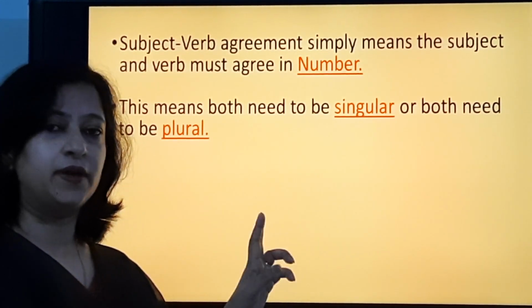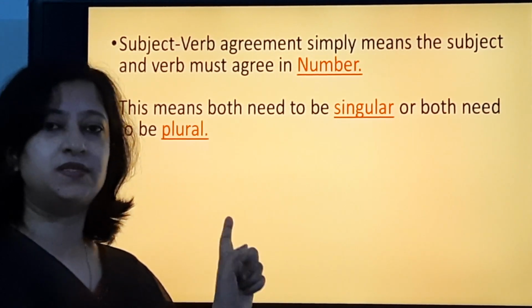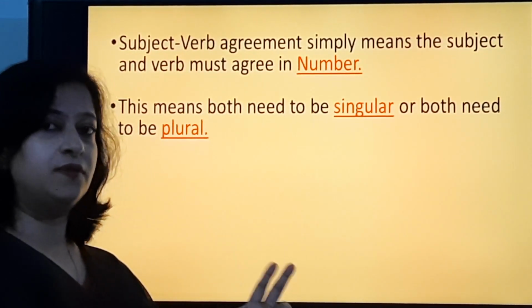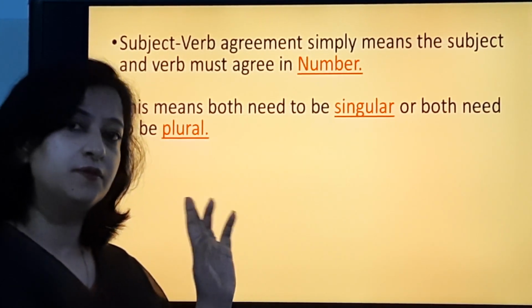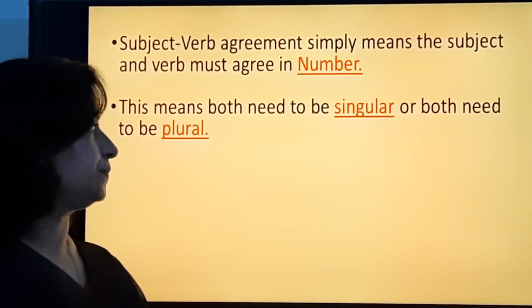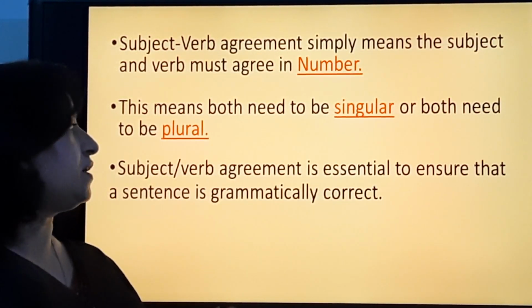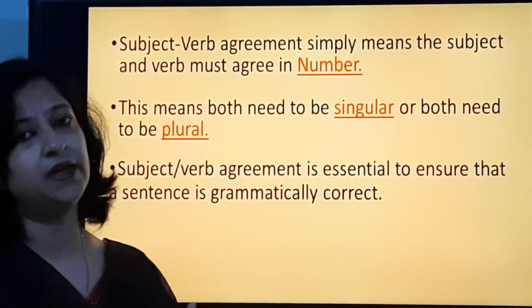I hope children you are getting it. If the number of the subject is singular, the verb should also be singular. If the number of the subject is plural, the verb should also be plural. Subject verb agreement is essential to ensure that a sentence is grammatically correct.